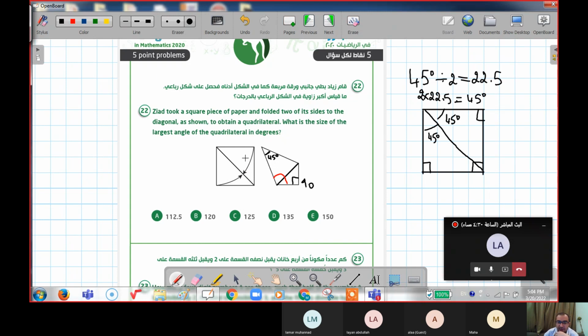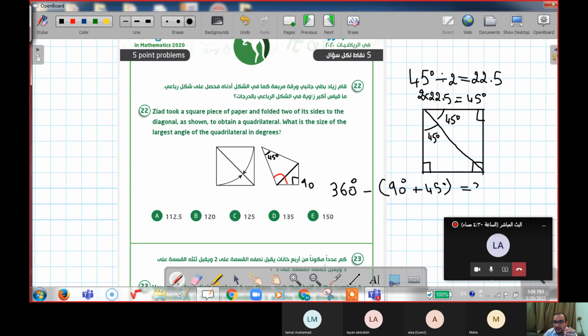The sum of the angles in any quadrilateral, square, rhombus, trapezoid, parallelogram, rectangle, is equal to 360. So I will write the expression 360 minus 90 degrees plus 45 degrees.